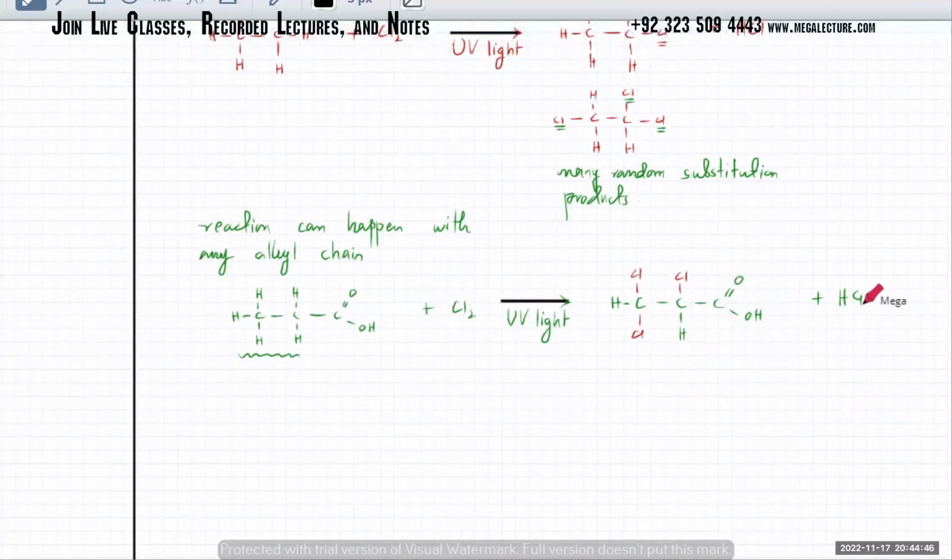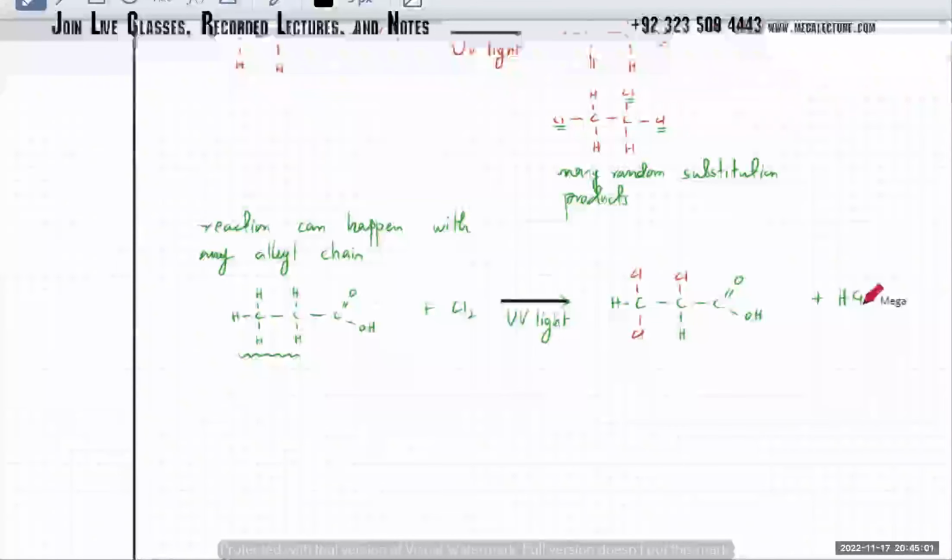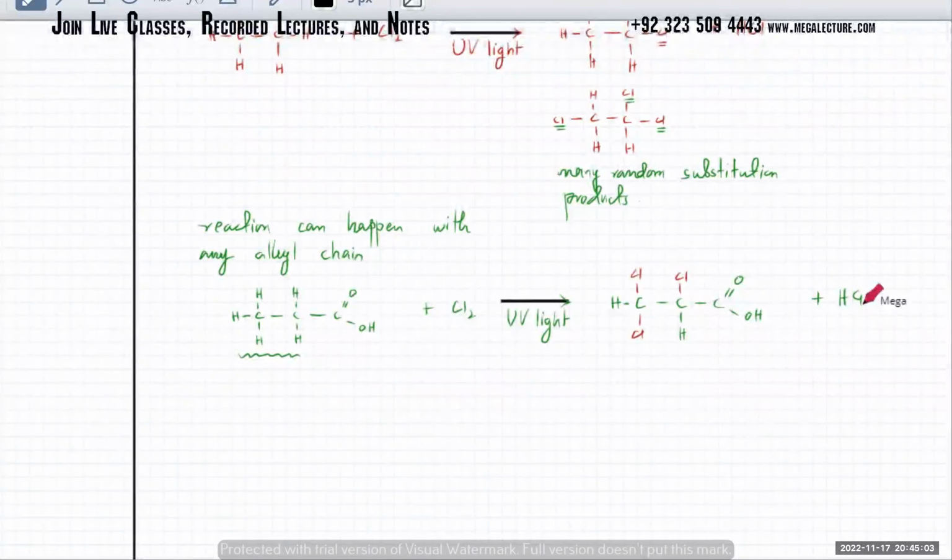The important thing is that in the next class we learn how this reaction happens. Your organic chemistry is very similar to O-levels organic, except that in O-levels you would just study this thing, that's it. But now what you will study is why does this reaction happen?